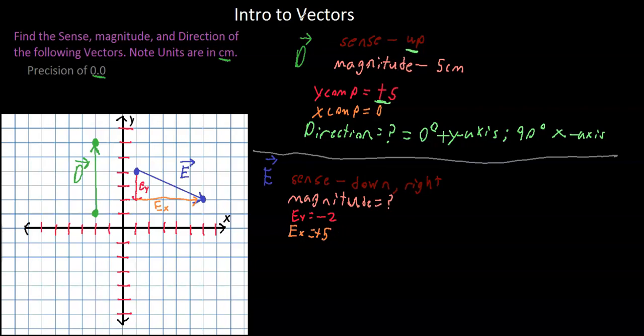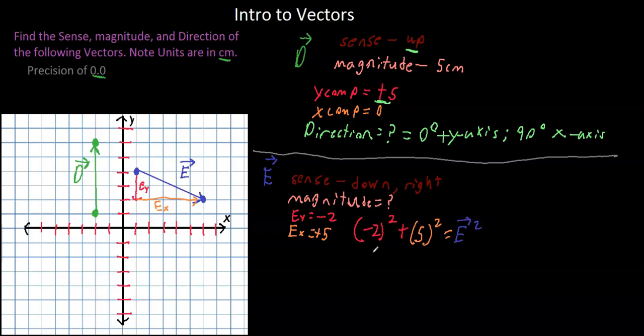So let's find our magnitude. We know it's just a squared plus b squared equals c squared. We start with a squared, which is E of y, so negative 2 squared, plus b squared, which is positive 5 squared, equal to vector E squared.